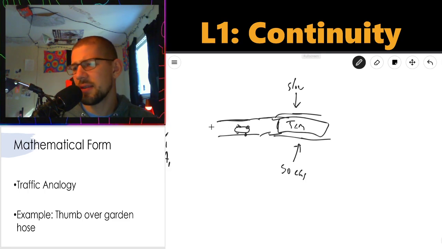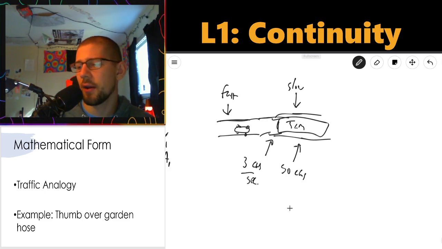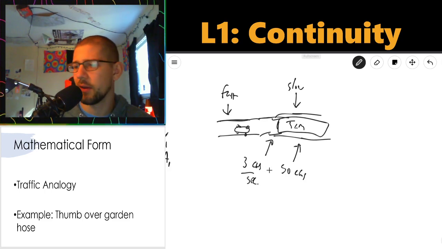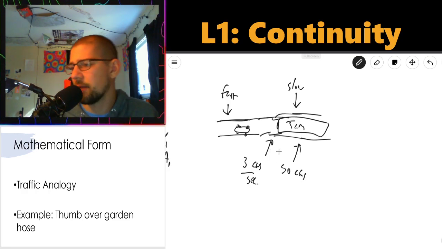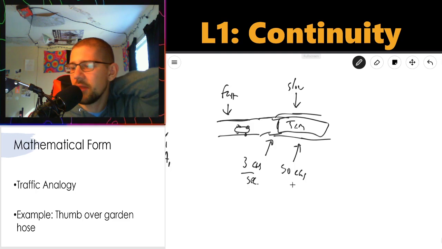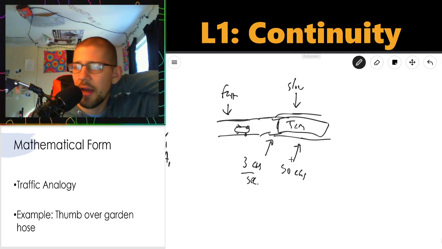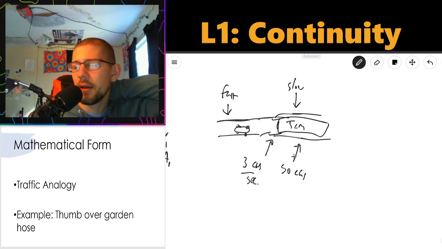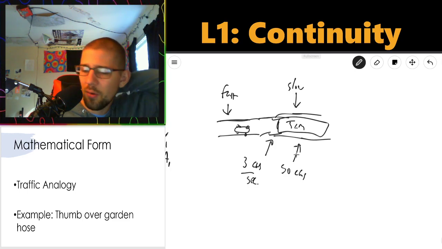You notice that in the fast moving section back here, let's say 3 cars per second come to the backside of the traffic jam. 3 cars per second, which is kind of a lot of cars actually, but we'll deal with it. However, 50 cars are stacked up in the middle here. This corresponds to the volume of water in a given section of pipe not increasing or decreasing.